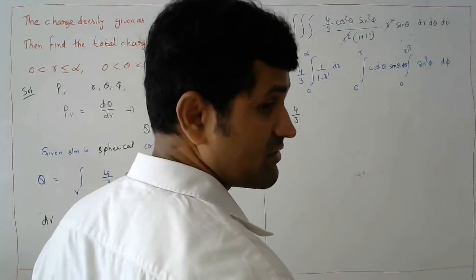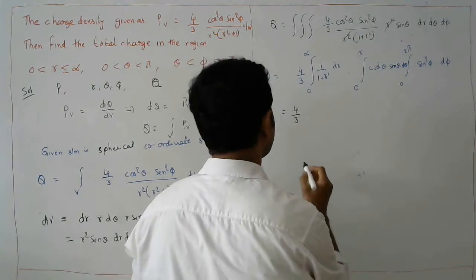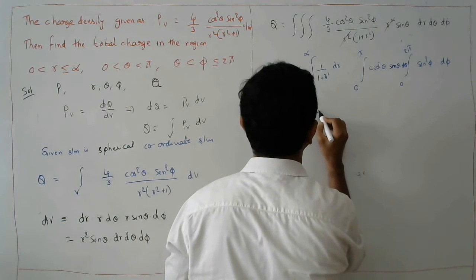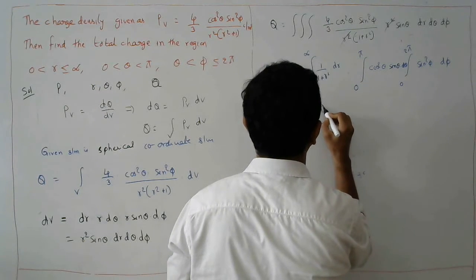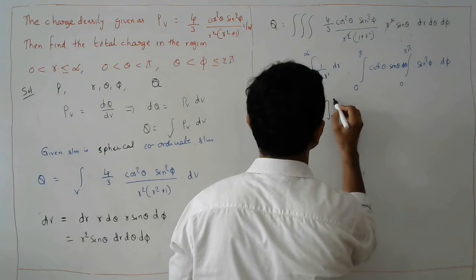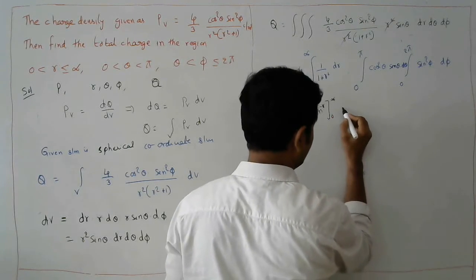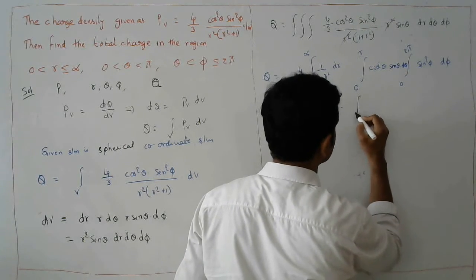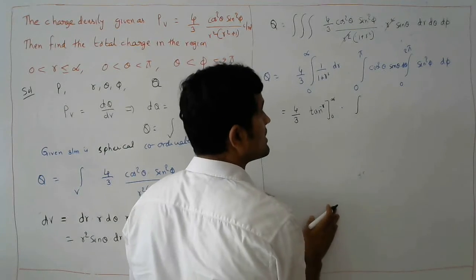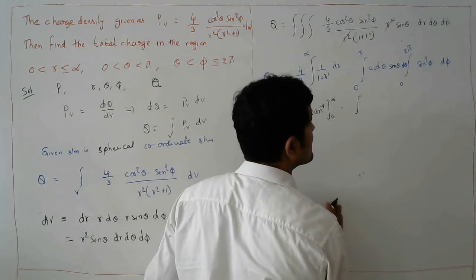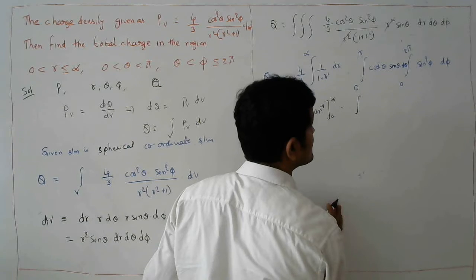1 by 1 plus r square dr is tan inverse r, from 0 to infinity, into the integral from 0 to pi of cos square theta sin theta d theta. The integral of cos is sin theta.